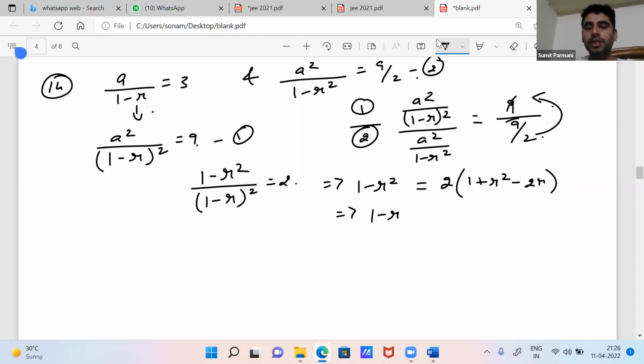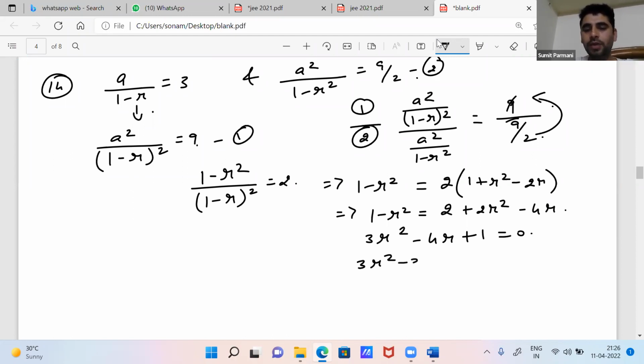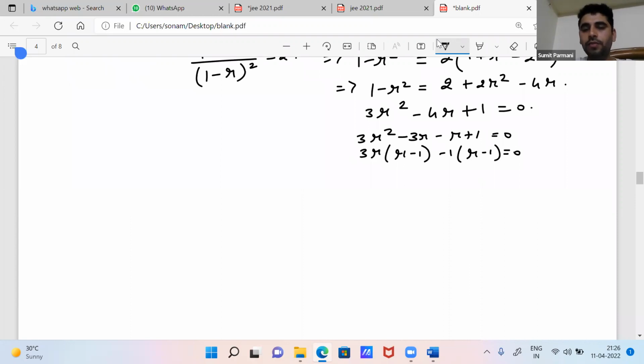We have 1 minus R square is equals to 2 plus 2R square minus 4R. Overall, we have 3R square minus 4R plus 1 is equals to 0. So we can write 3R square minus 3R minus R plus 1 is equals to 0. 3R is taken common, R minus 1 is taken, R minus 1 is equals to 0. Okay. So from here we have two values, R is equals to 1 comma 1 by 3.